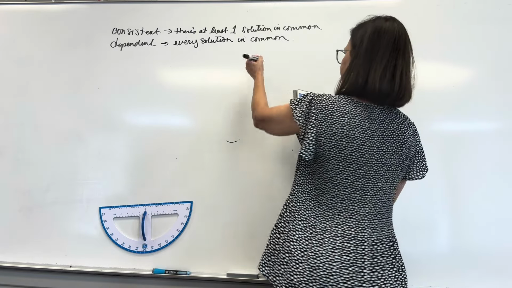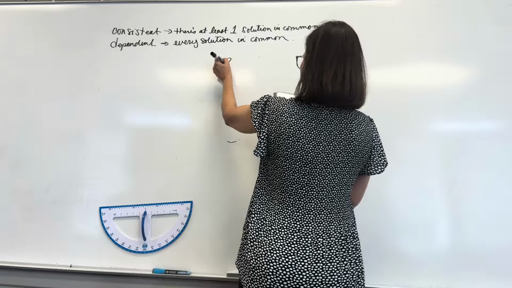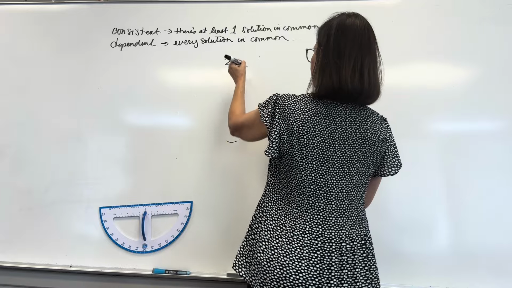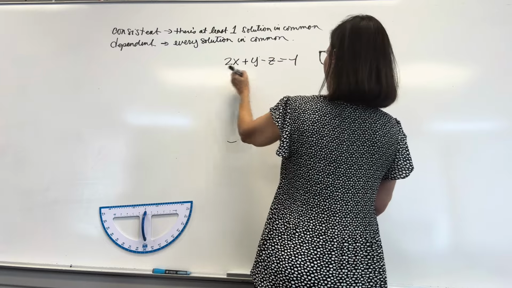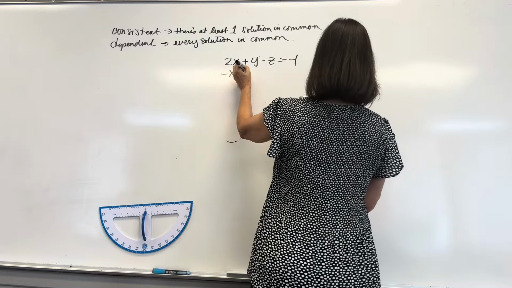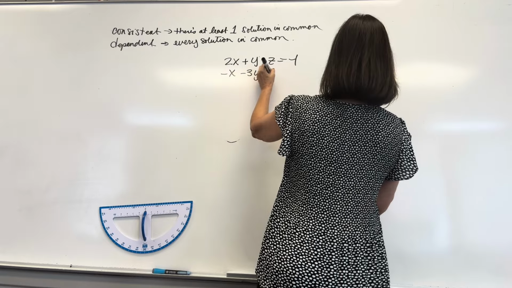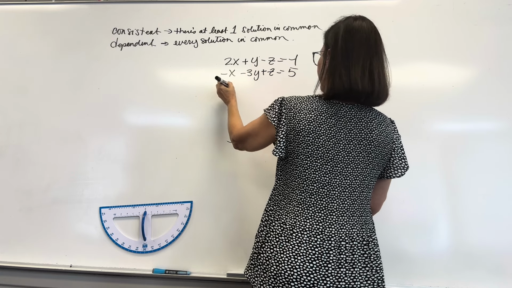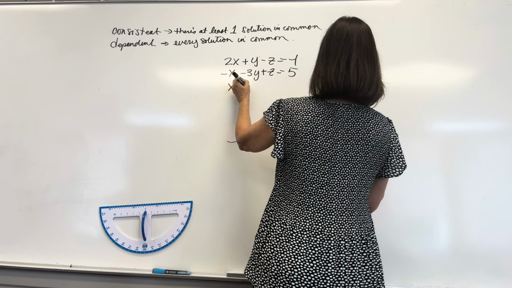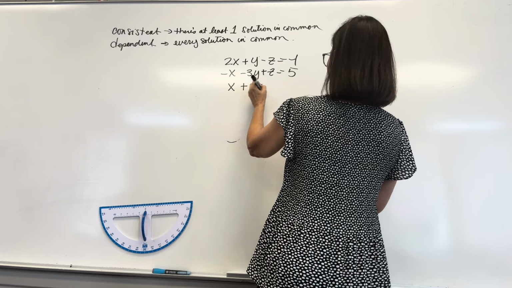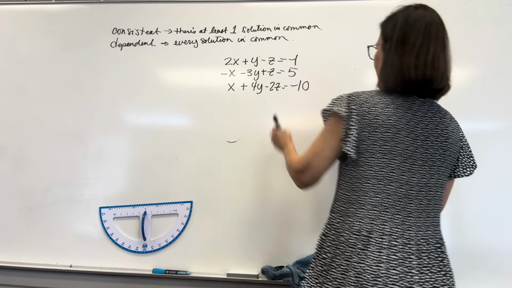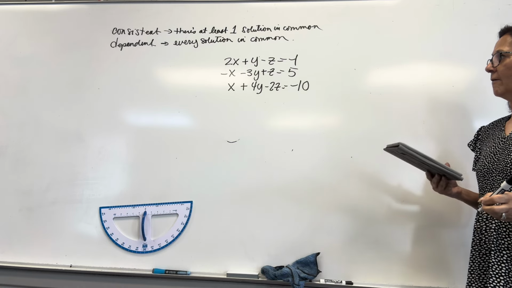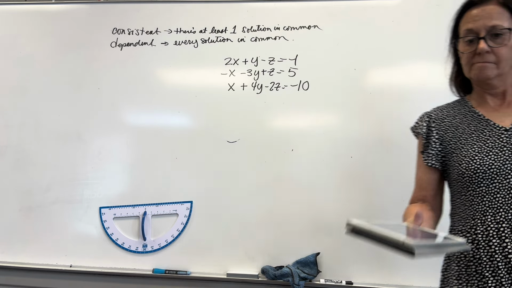Look at these equations. 2x plus y minus z is -1. Negative x minus 3y plus z is 5. And x plus 4y minus 2z is -10. So we can add the first two and eliminate z.